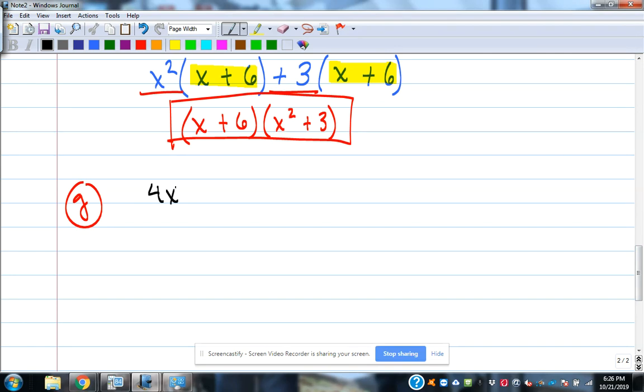4x to the third plus 2x squared minus 2x minus 1. Is it in descending order? Yeah. Is there a GCF amongst the entire problem?